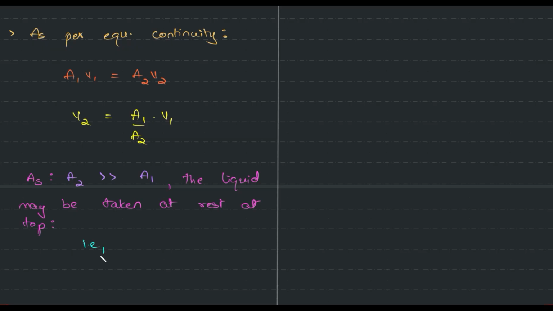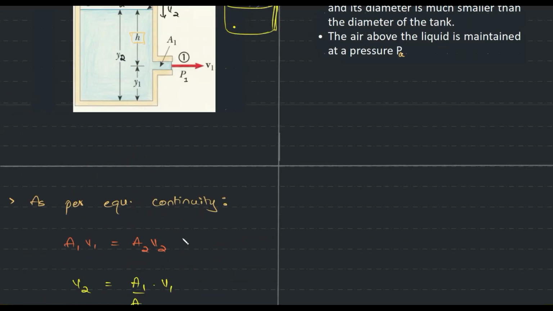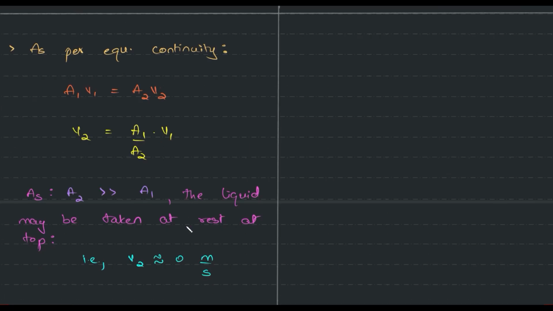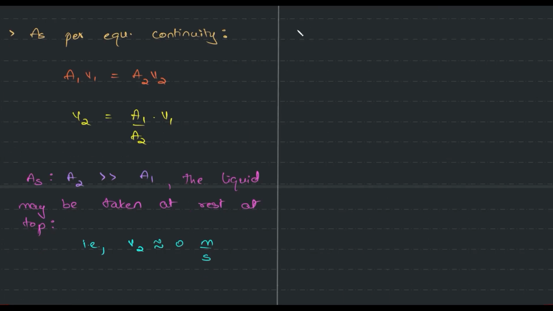So v2 is closer to 0. The rate at which this is falling is almost nil. You won't be able to notice it, at least for a fraction of a minute or a second. It won't make a difference. If you just observe it for a second, you won't get to know that water is dropping.